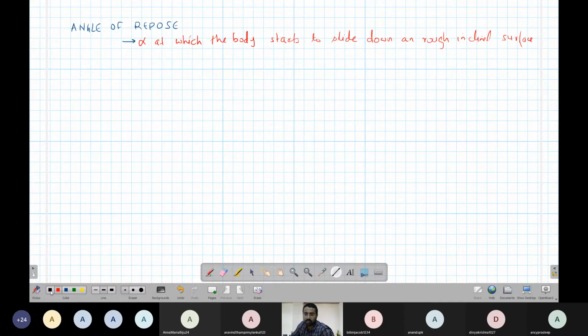So what is the condition? Let's say we have this inclined plane. Let's say the angle is alpha. Let's say we have a box over this plane.